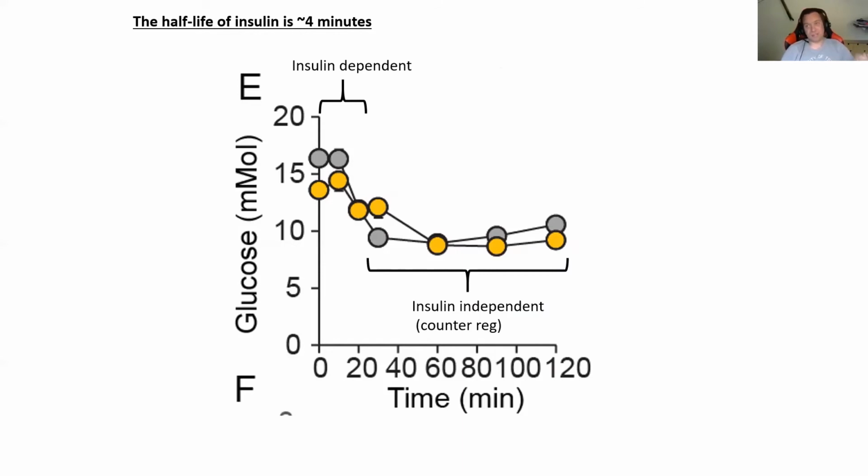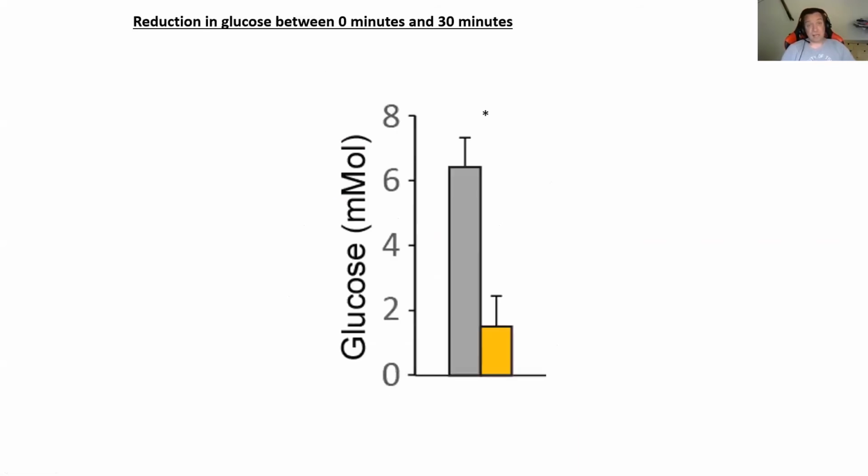Obviously, you also have the speed of absorption to factor in, but you could argue that the more important aspect to look at is not the area out here where you may have counter-regulatory responses kicking in and the mouse trying to rectify its blood glucose, but simply look at the suddenness of the drop as an acute effect of insulin action. And if you do this, what you can see is the reduction in glucose between 0 minutes and 30 minutes, just simply subtract the 30-minute glucose value from the 0 minute, you get an even more spectacular effect than using the AOCs.